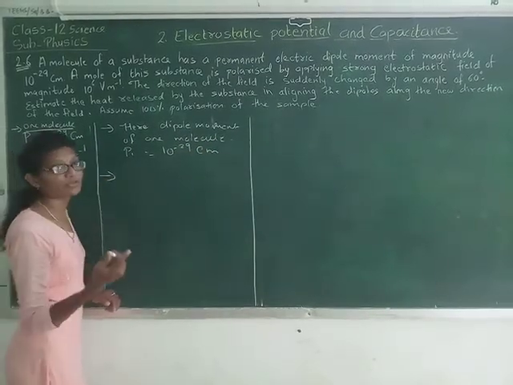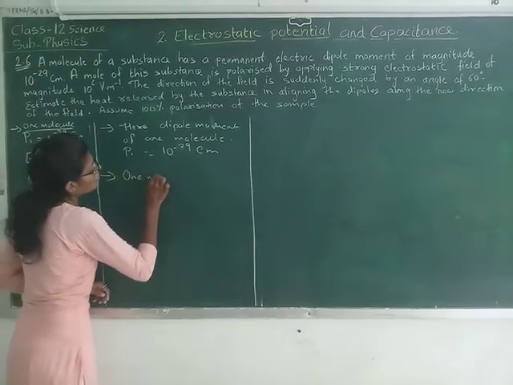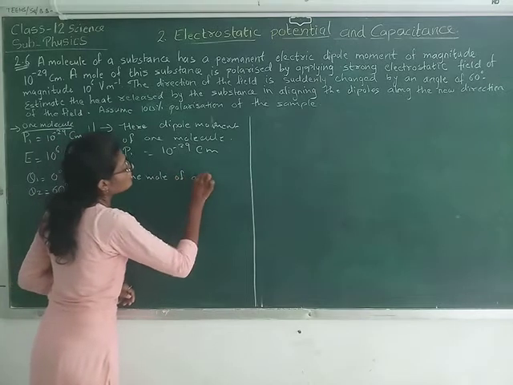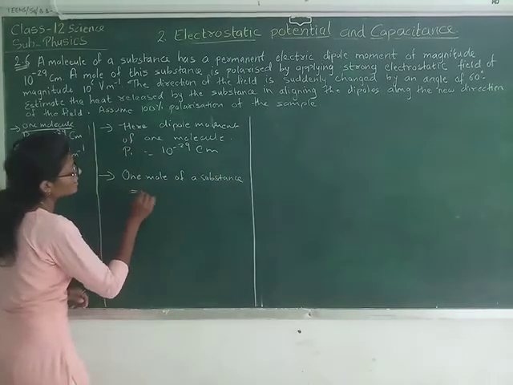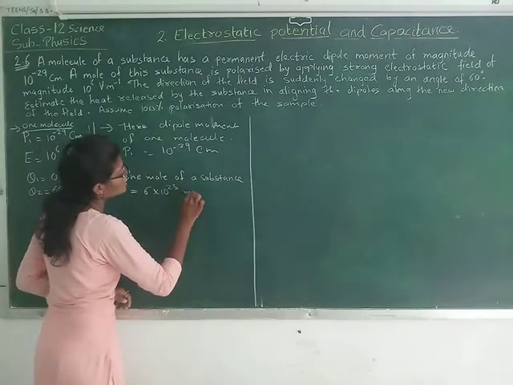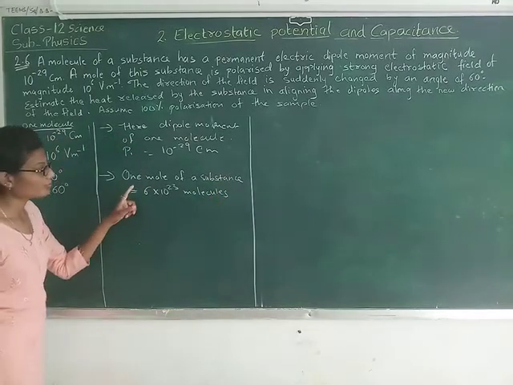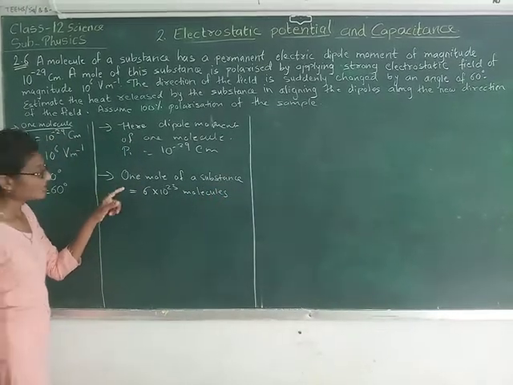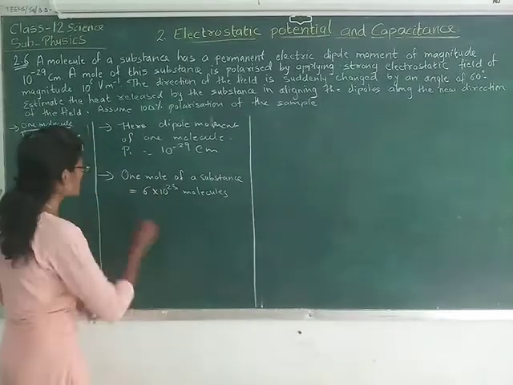But we need to find for one mole of a substance. One mole of substance contains 6 × 10²³ molecules. Polarization of a mole of a substance is that, and one mole contains 6 × 10²³ molecules.